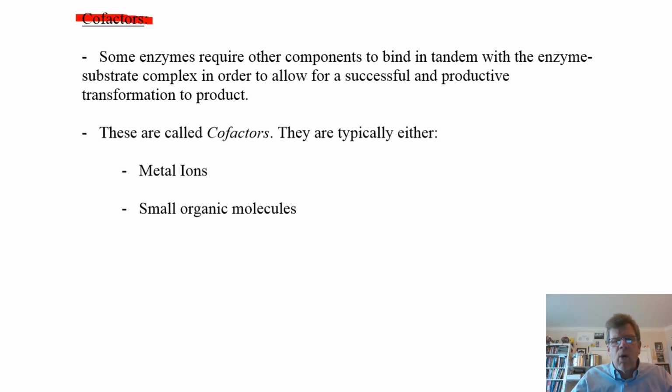Now, the small organic molecules which we require, in addition to sometimes metal ions, are typically, we're going to be seeing, many of these are vitamins: vitamin A, our B complex, vitamin C, and so on and so forth.